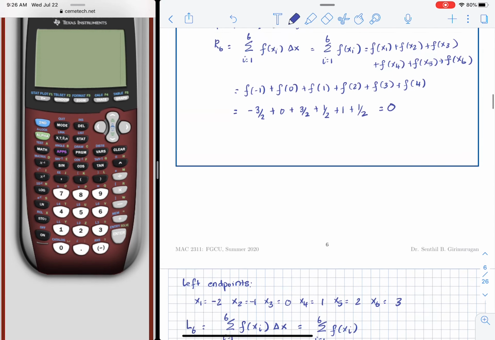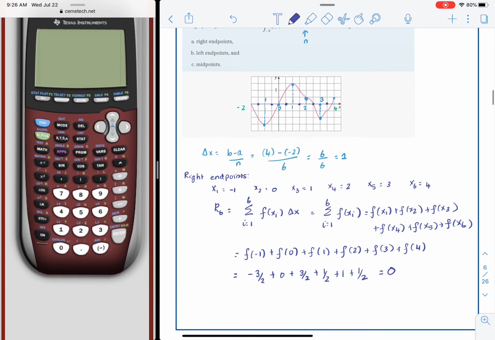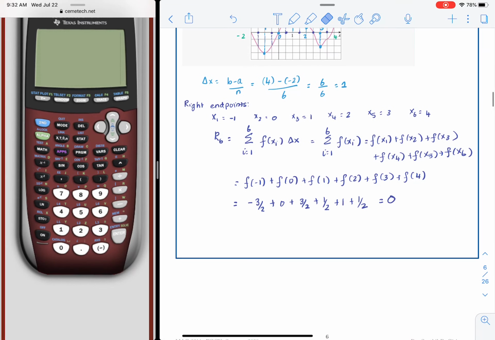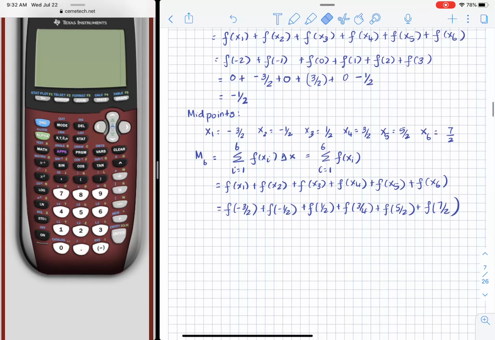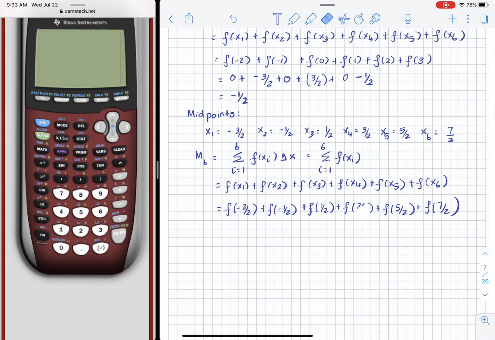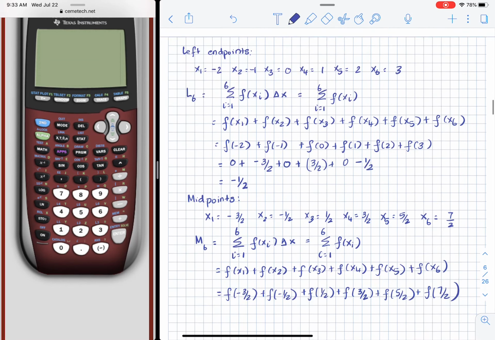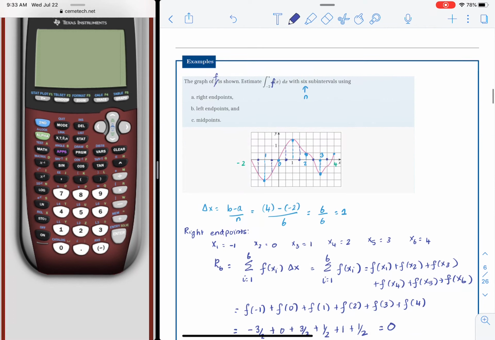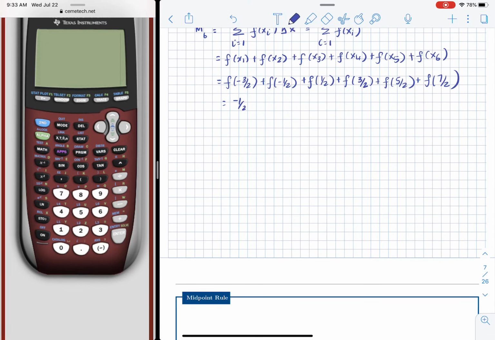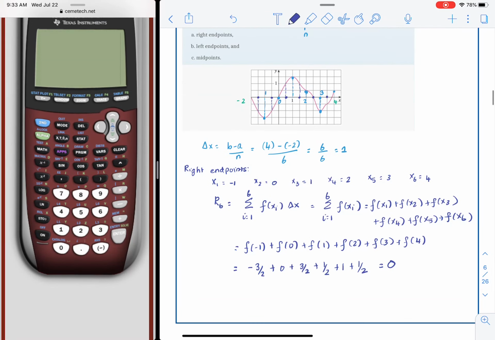We go back here and we look at each value. So we have to pick the values. Okay, so at negative 3 over 2, we have a value of negative half. Same at negative 1 over 2. At positive half, we have 1.